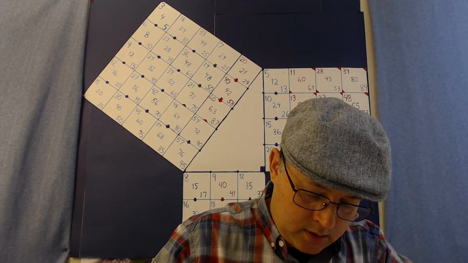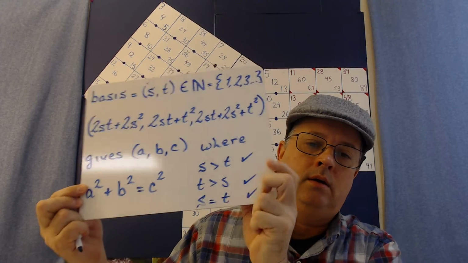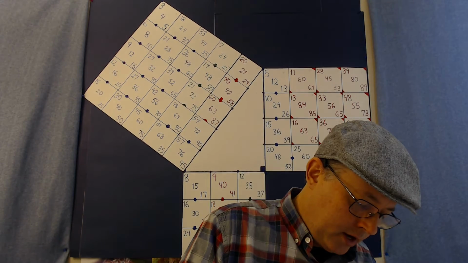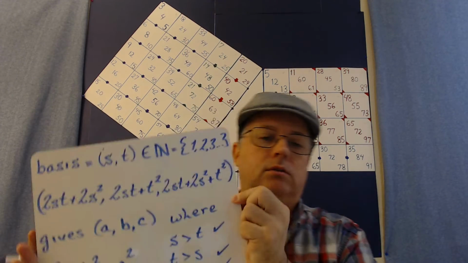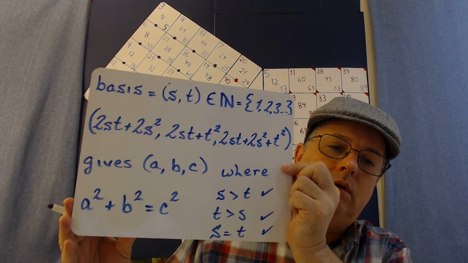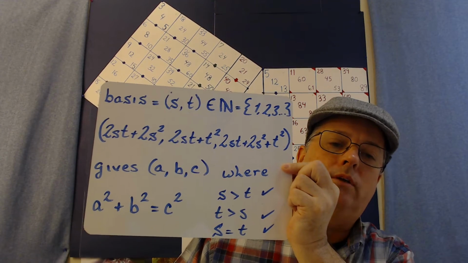And so now then, let's run it through the next expression, 2st plus t squared. Okay. So let's just clarify this here. I've been thinking about Pythagorean triples in numerical order, where the a value is the smallest and the b value is the next value, and the c value, of course, is the highest value.